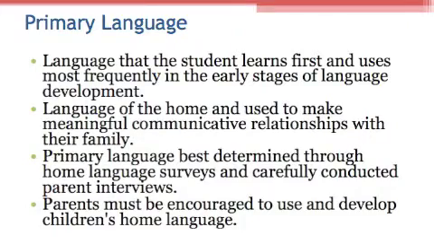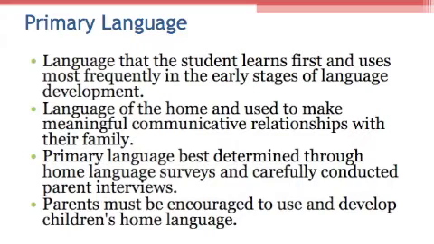The next term is primary language. And how do we determine a student's primary language? Primary language is best determined through a home language survey that is in every child's registration packet upon entering any public school in the United States. So a parent will identify the languages in the home. And it's the language that the student learns first and uses most frequently in the early stages of their language development.